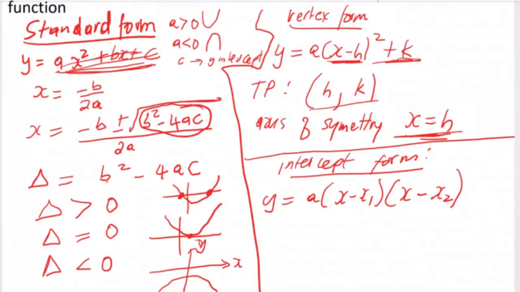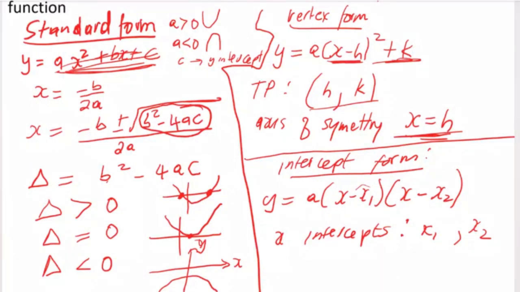Sometimes you'd find your quadratic in this form. What information does it suggest to you? It is giving you the x-intercepts. That's the first thing that it gives you. That's what makes it unique. Your x-intercepts will be your x1 and your x2.